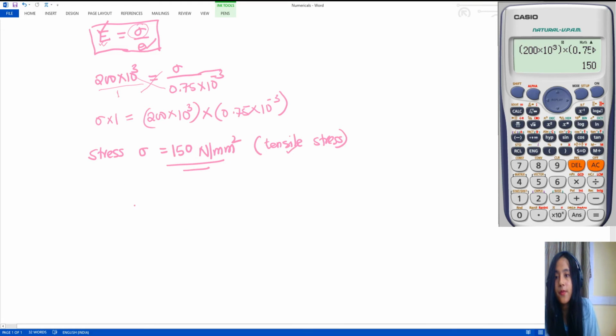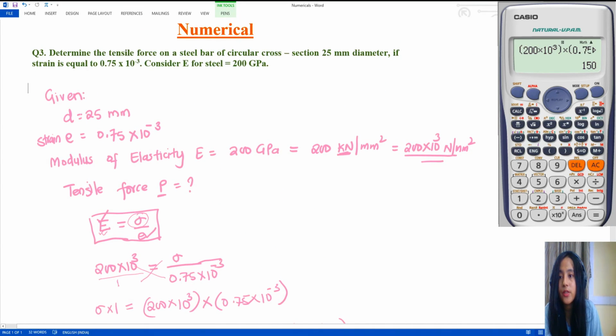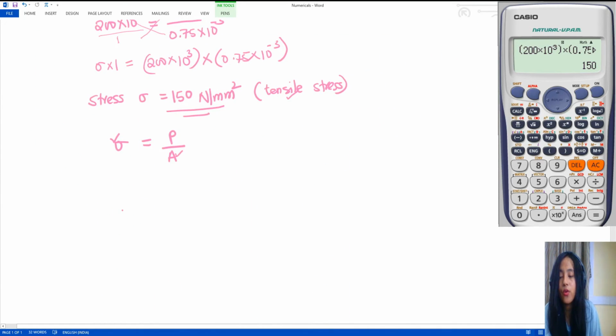Now let us find, from the relation stress is equal to force by area. We have found stress, and area we can find from the given diameter. How much is the diameter given? 25 mm.